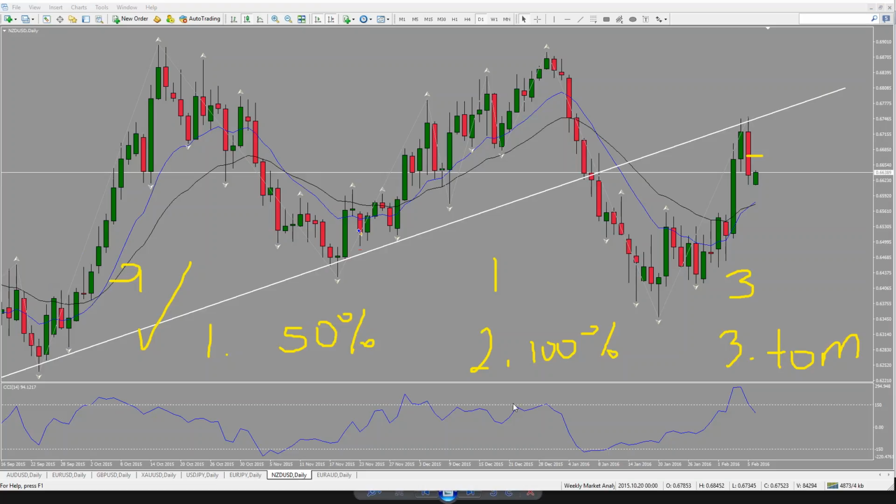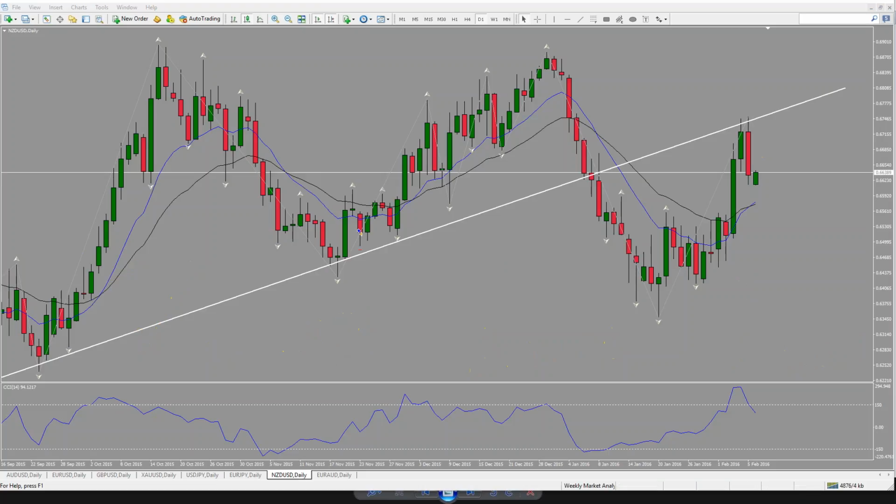So we said we're going to go with the majority. So what we'll do is I'm going to pick a level. Let me just measure this candle. I just want to see what it's, 117. Okay, let's pick a level around about 30 pips better off where we are right now. Say there.